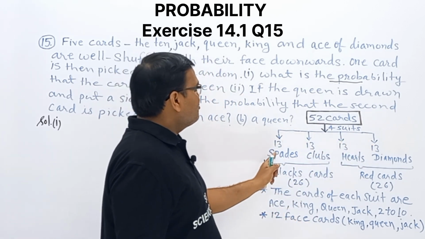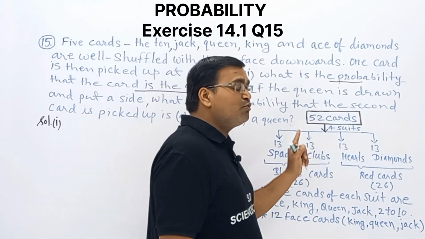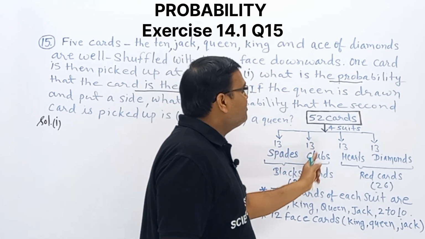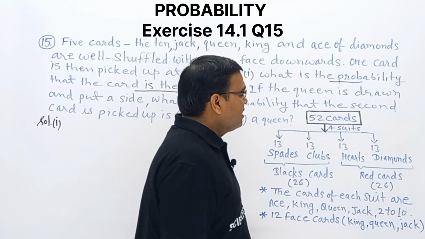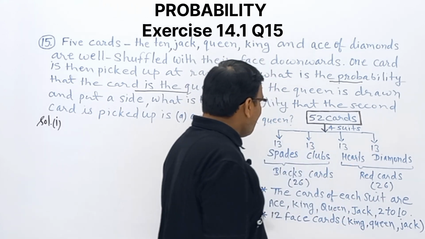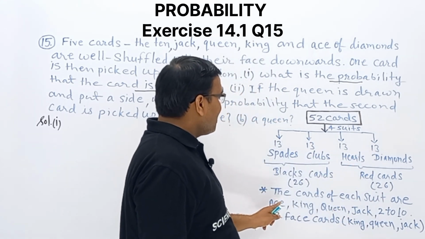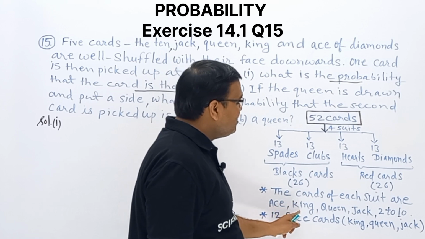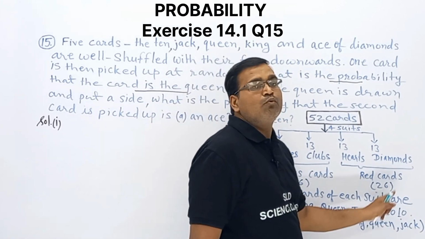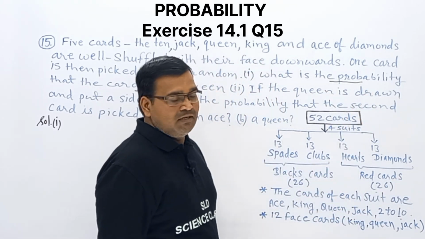The names of these suits are spades, clubs, hearts and diamonds. In each suit we are having 13 cards: Ace, King, Queen, Jack and the numbered cards 2 to 10.